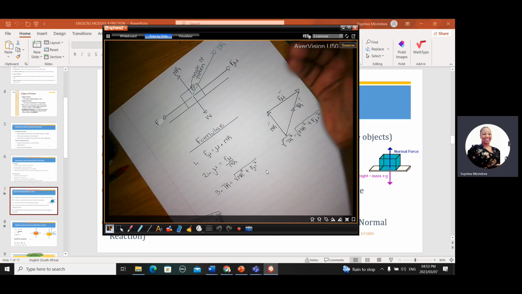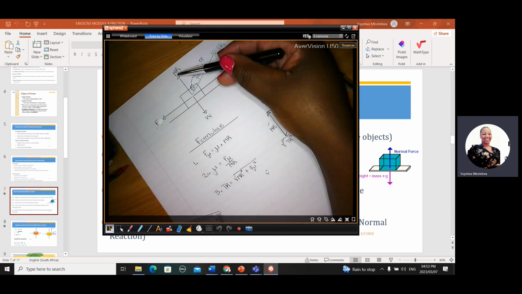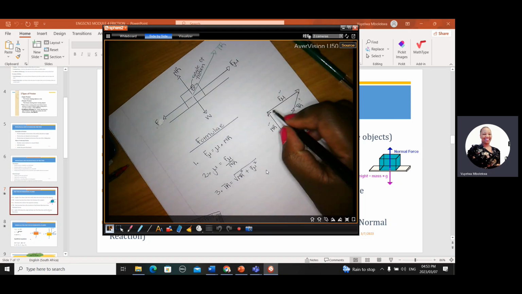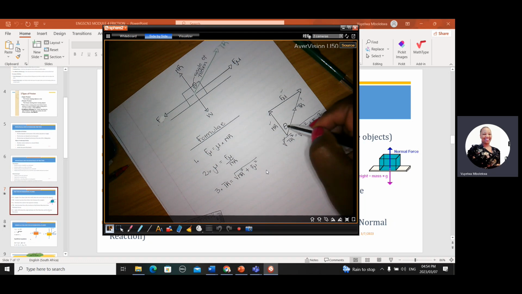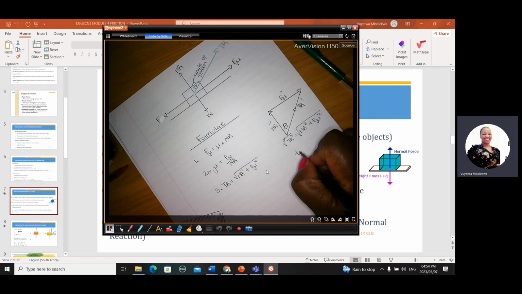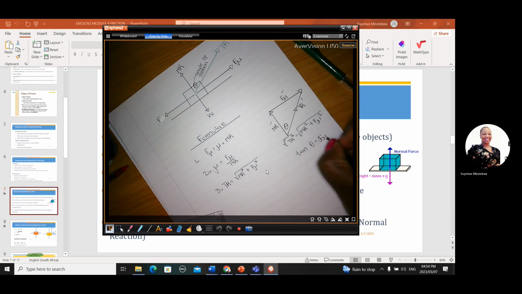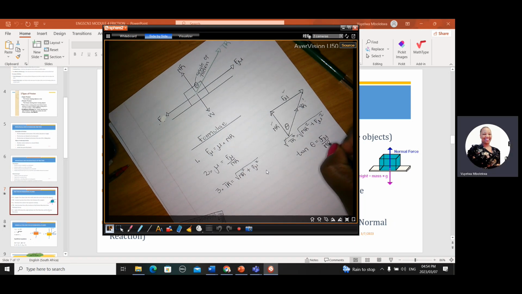And then if you notice, the angle of friction is between the normal reaction and the total reaction force. So that means it is here on this vector diagram. If you want to calculate that angle with these two forces given, you will use tan. You will say tan theta equals opposite over adjacent.